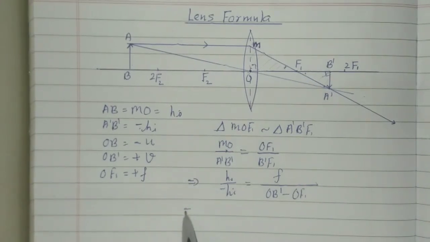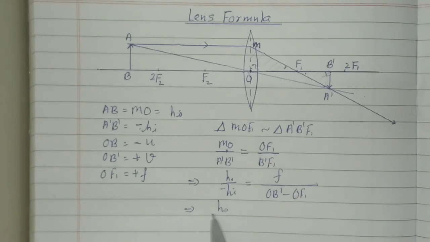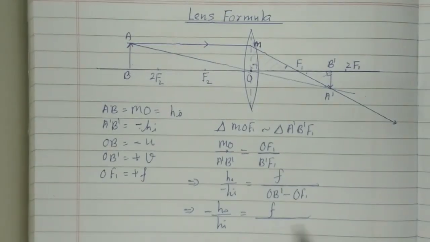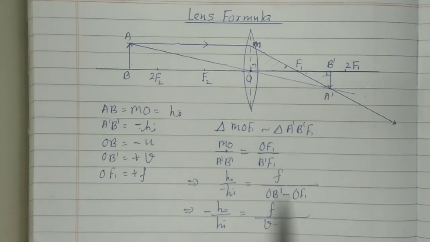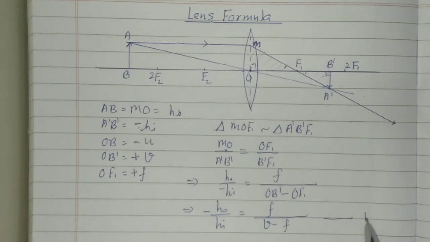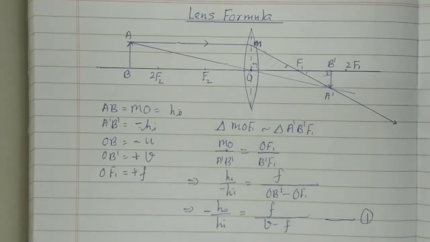Okay, this implies we get HO upon minus HI is equal to F upon OB dash minus F, that is V minus F, and OF1 is equal to F. So this is our relation number 1.